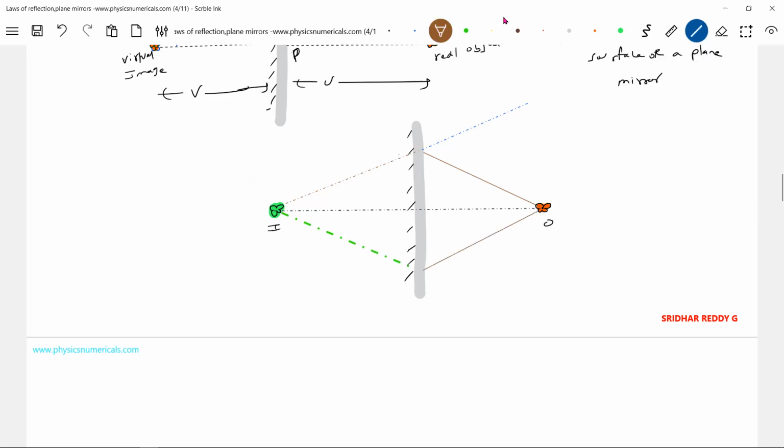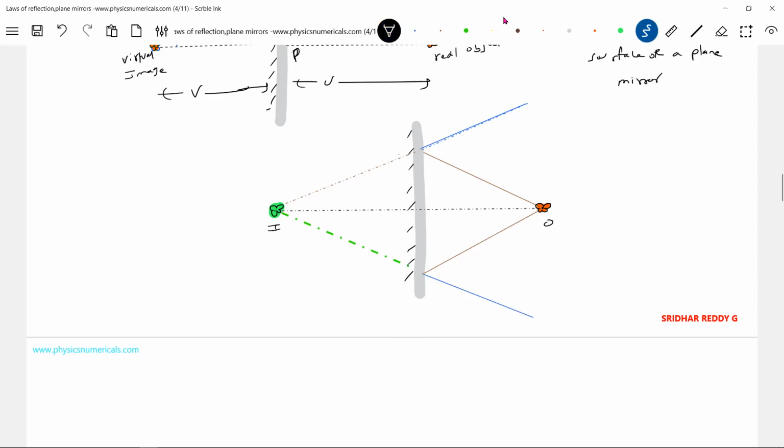I'll construct the ray diagram. You can also construct a ray diagram like this.